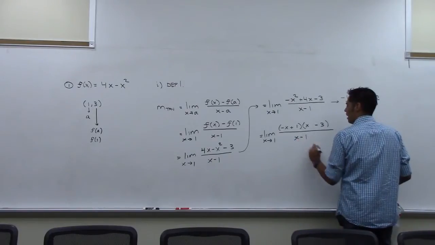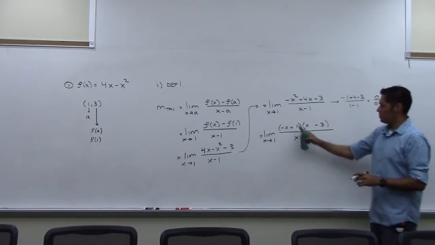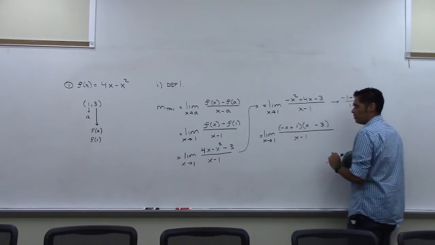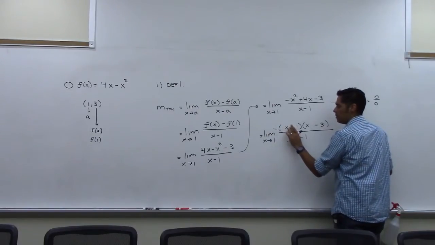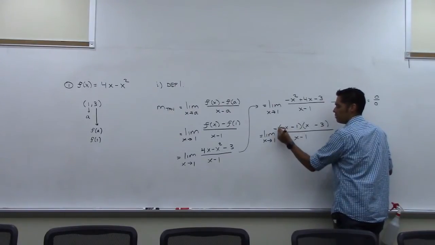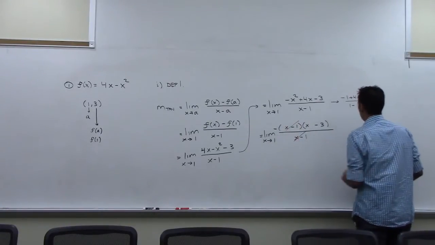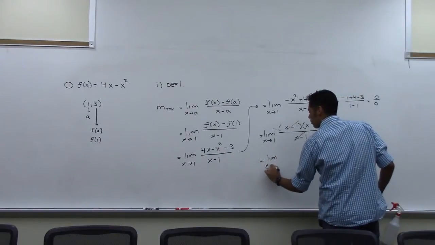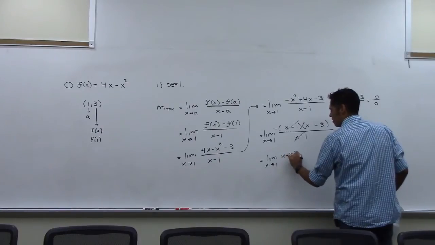On the bottom, I have x minus 1. Now we're almost to the point where we can cancel, except that we notice that these two are off by a sign. So what I will do is factor negative out, and that would change that to positive, and that would change that to negative. Then these factors cancel completely, and we're left with the limit as x approaches 1 of just x minus 3.